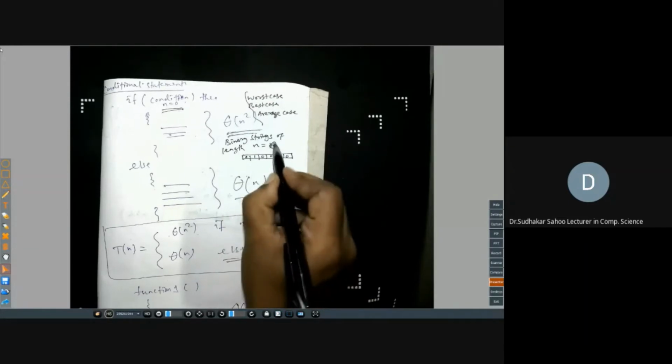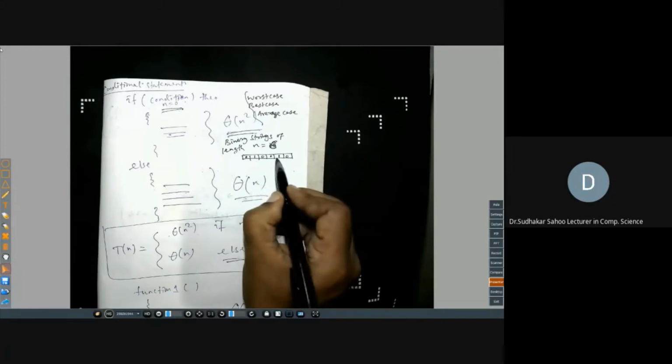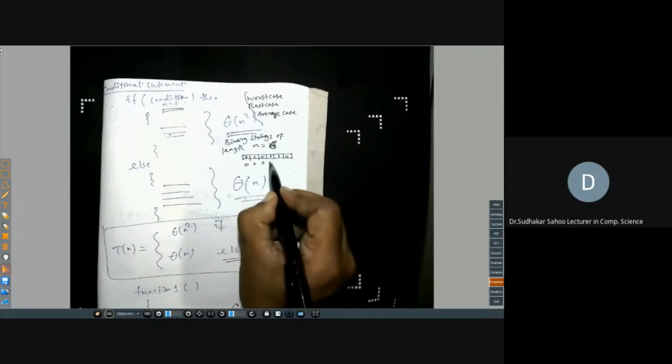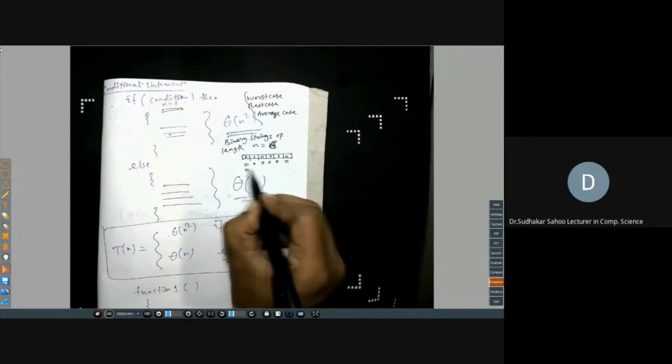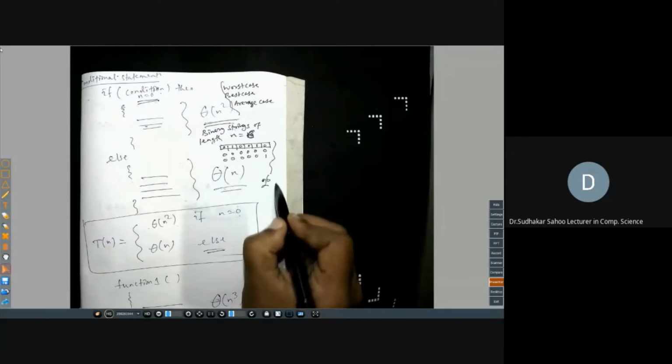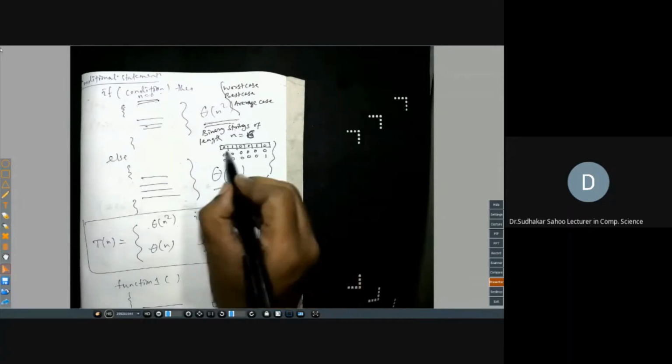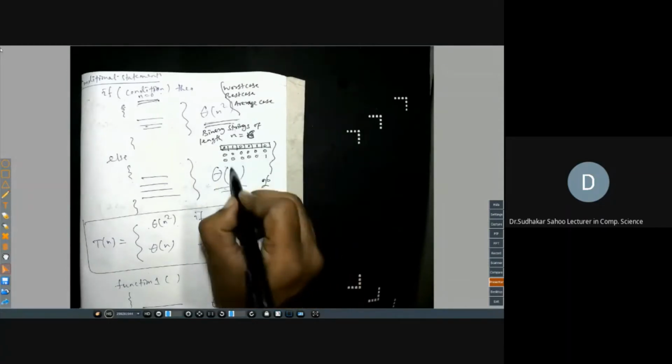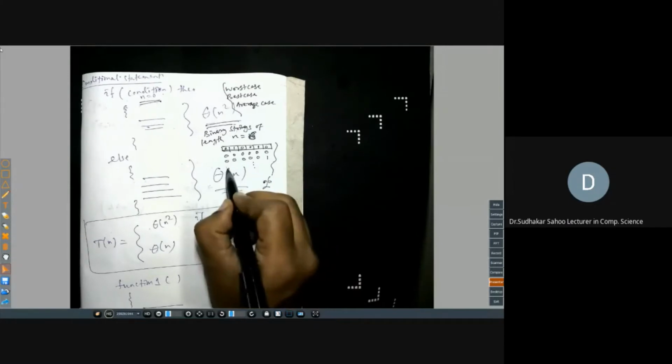Can anyone tell? All can be 0, this can be 0, this is 1. How many such binary strings are possible? Is it 2 to the power 6? All can be 1.